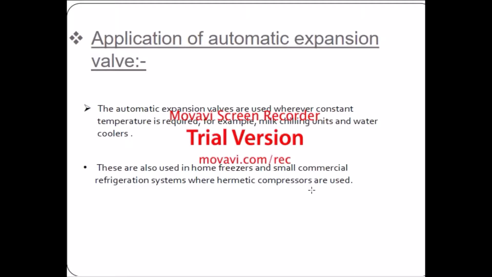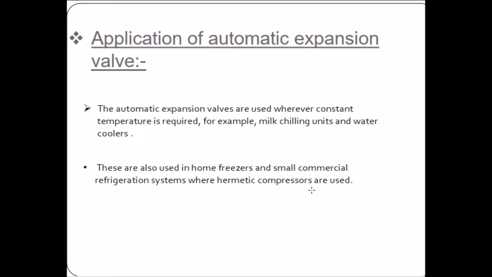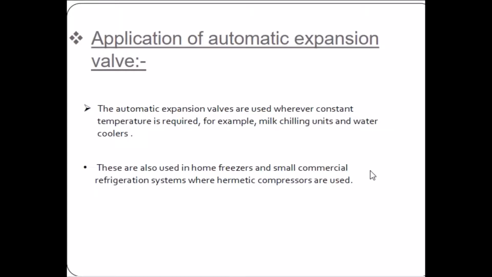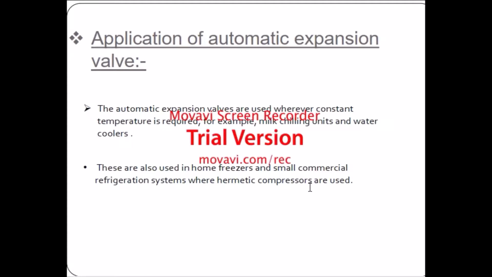So if we want to control the temperature, just control the pressure, correct? These are also used in home freezers and small commercial refrigeration systems where hermetic compressors are used. So actually this is commonly used in refrigerator systems. We can control the valve system automatically or manually. Just control the pressure condition, and automatically we can control the temperature.